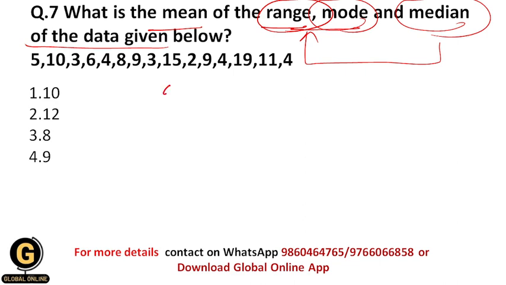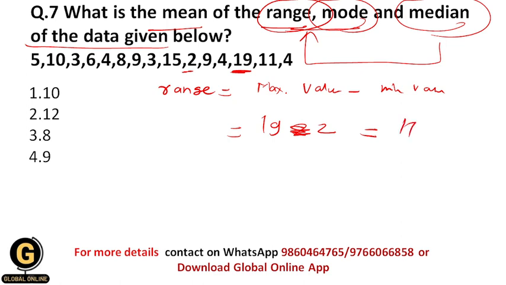So first of all let us find the value of range, which is equal to maximum value minus minimum value. In the given data set, the maximum value is 19. So 19 minus the minimum value, which is 2. So 19 minus 2 is equal to 17. So your range will be 17.